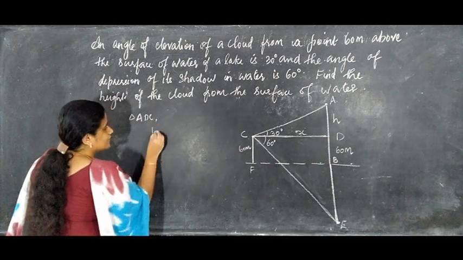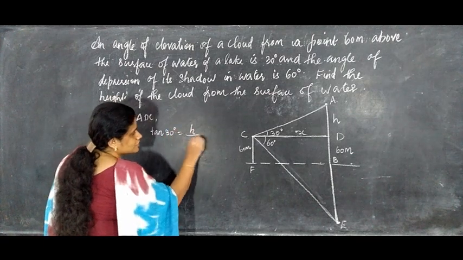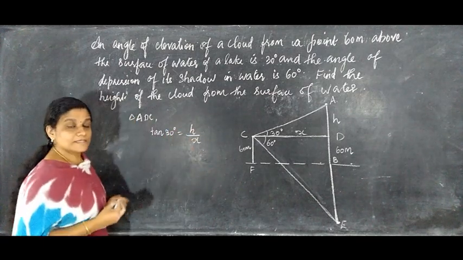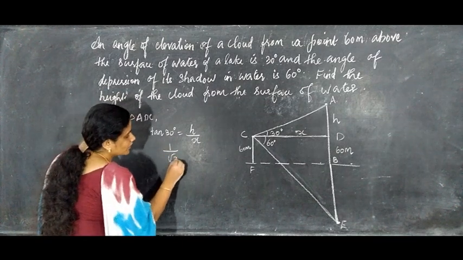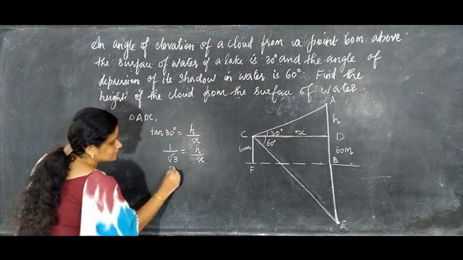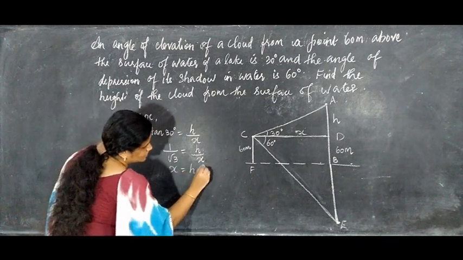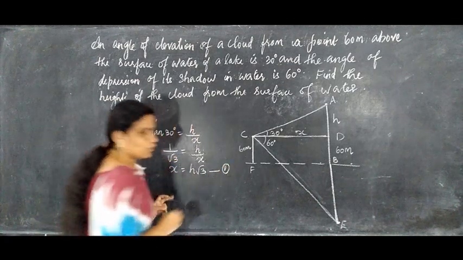So, tan 30 degree is equal to H by X. What is tan 30 degree? 1 by root 3. So, 1 by root 3 is equal to H by X. From this, X is equal to H into root 3. This is equation number 1.